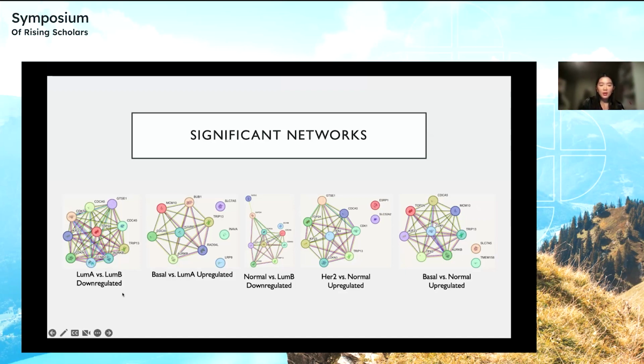And the lines in between them represented traits or functions that they were associated with that have been published in PubMed articles or NIH articles. And after investigating these networks, the lines in between them, I came to several conclusions about their commonly associated functions.